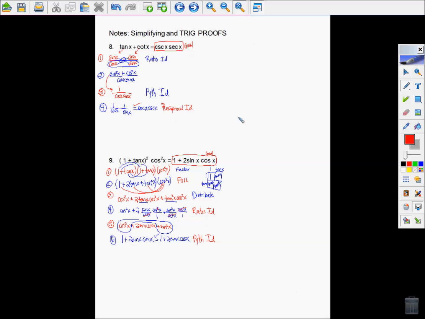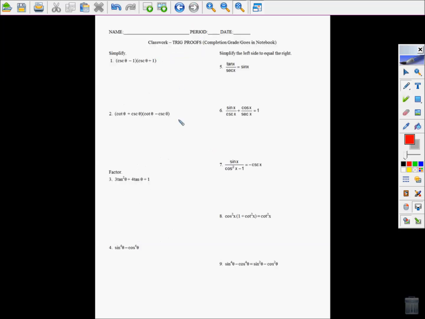So, we went from easy to medium to a little hard, but we made it. Okay? So on your classwork for today and tomorrow, 1 and 2 are simplifying, which is everything we did last week. So 1 and 2, you're just recapping what we did last week.